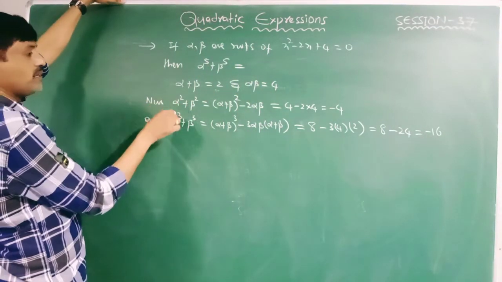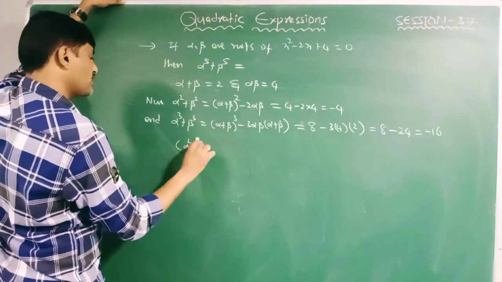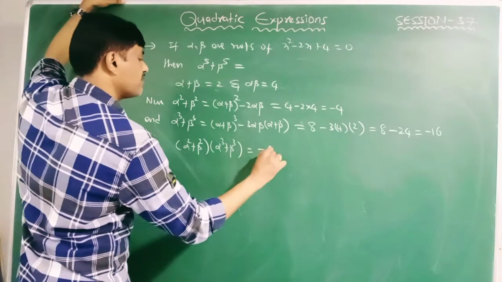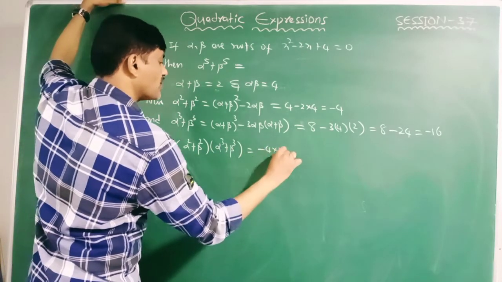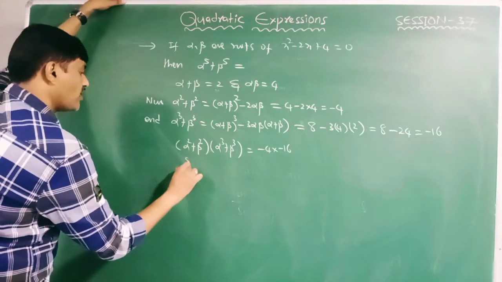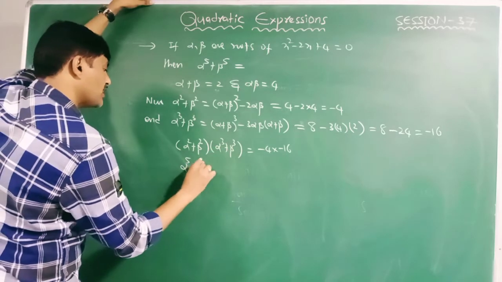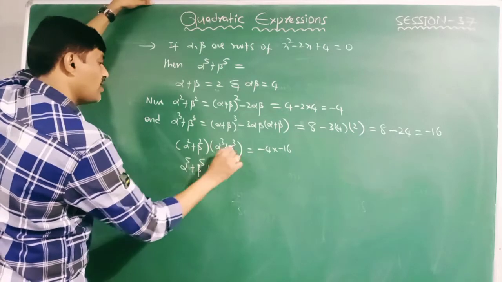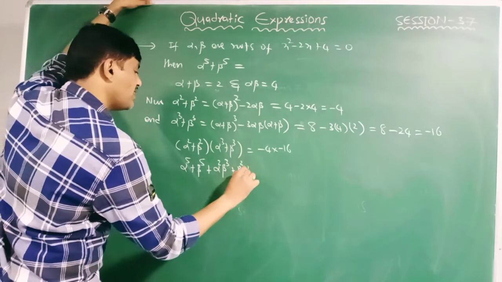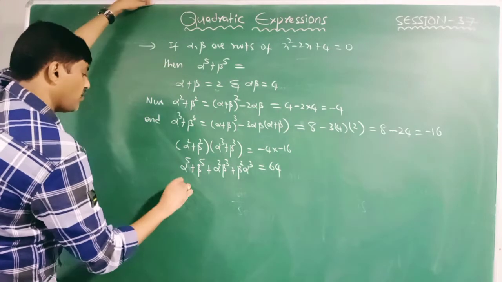Now we have to multiply together. Therefore alpha square plus beta square times alpha cube plus beta cube is equal to minus 4 times minus 16. Alpha square into alpha cube is alpha power 5, beta square into beta cube is beta power 5, plus alpha square beta cube plus beta square alpha cube is equal to 64.